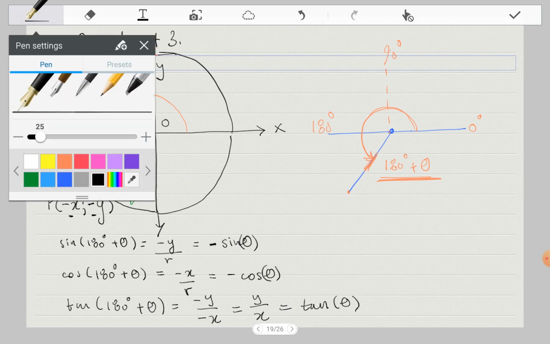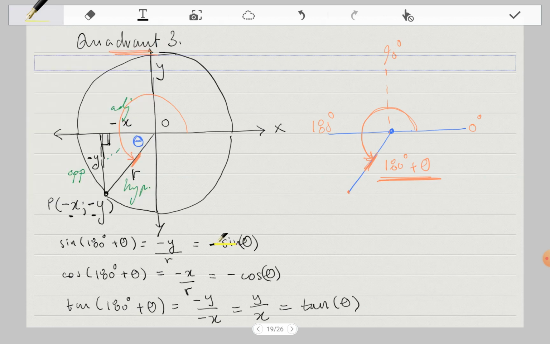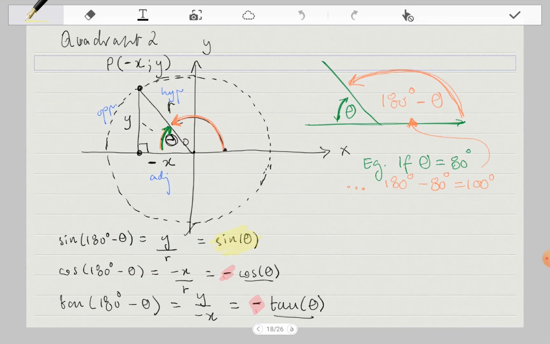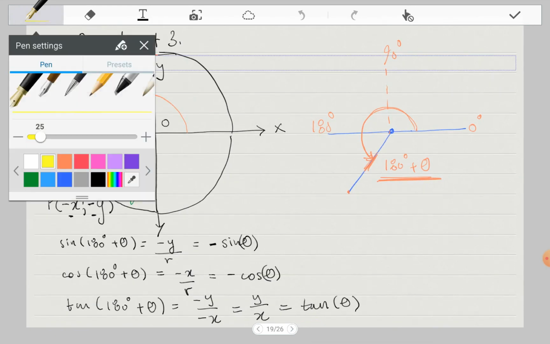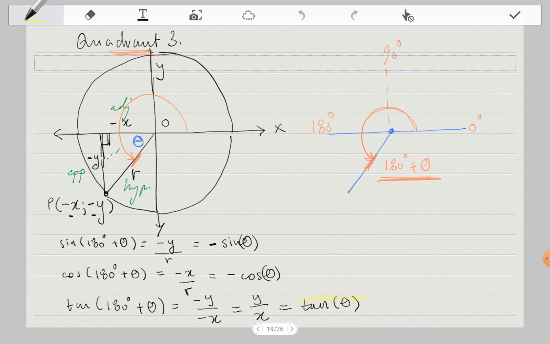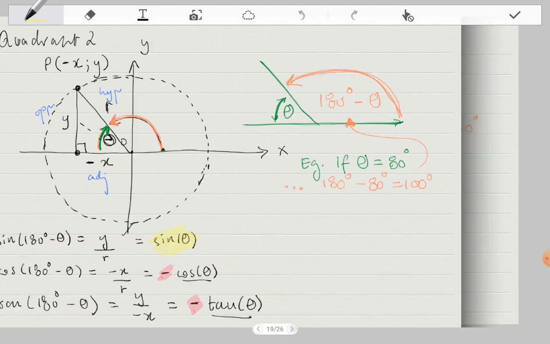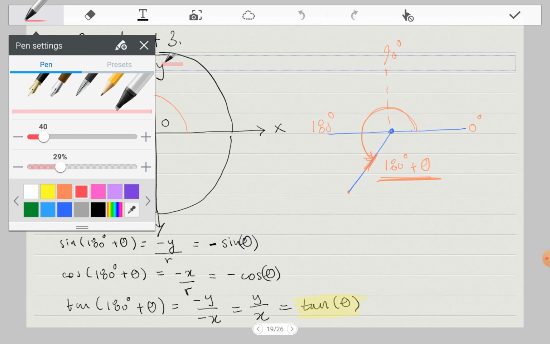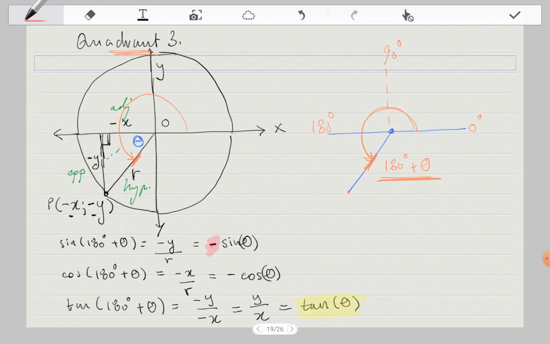So just a note here, you've got these two as being negative, and you've got the tan as staying positive. So if we use the same notation there, this one stays positive. What did we use for the negative ones? We use red. And you've got these two as becoming negative. Alright, let's finish this up by looking at quadrant 4.